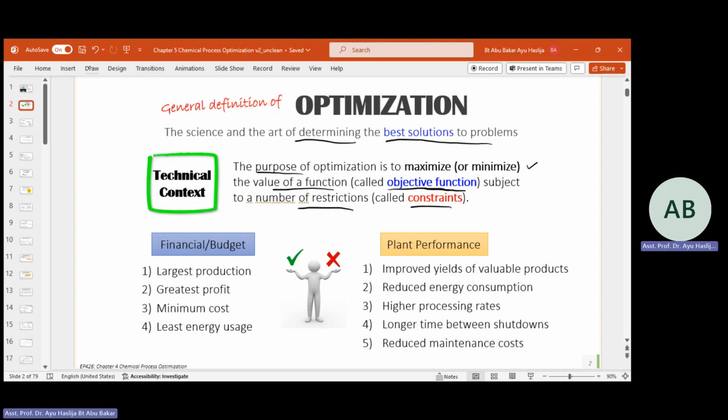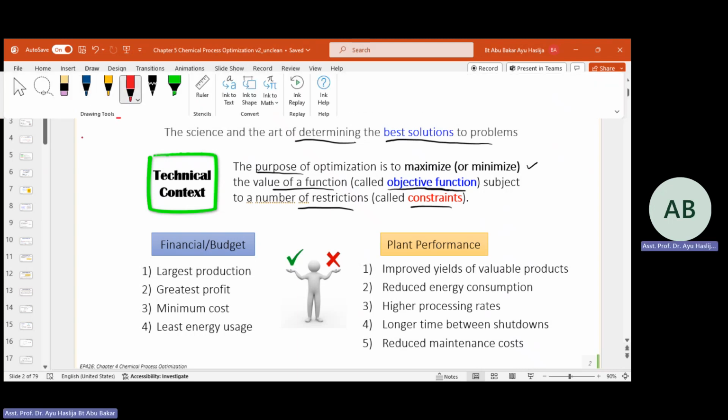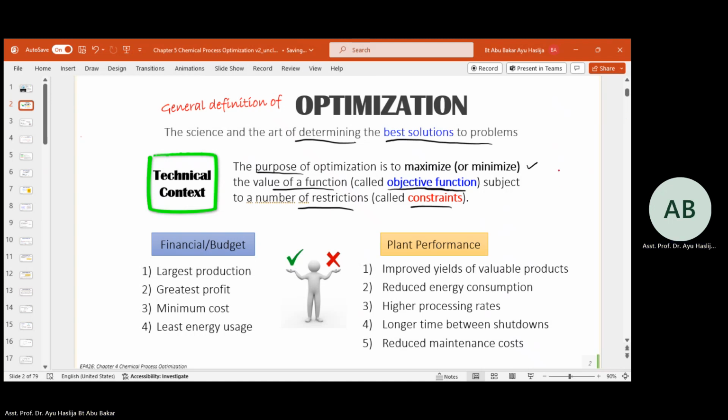For example, as I mentioned just now, your purpose is to maximize palm oil yield with minimum cost.